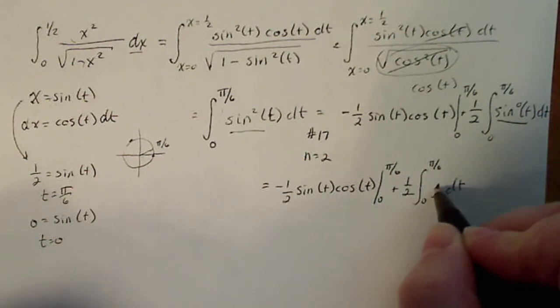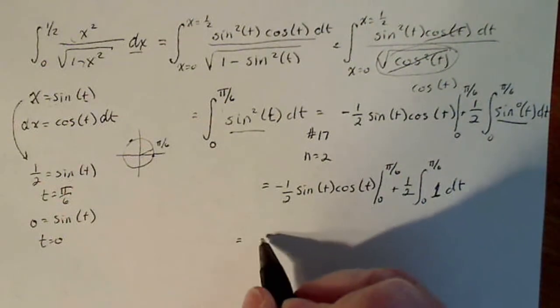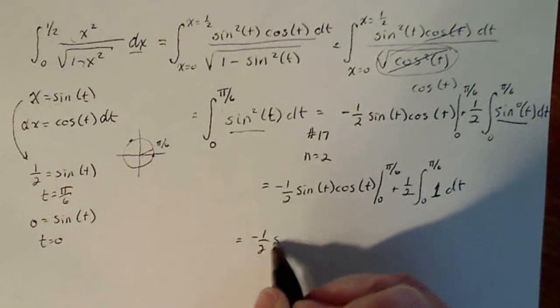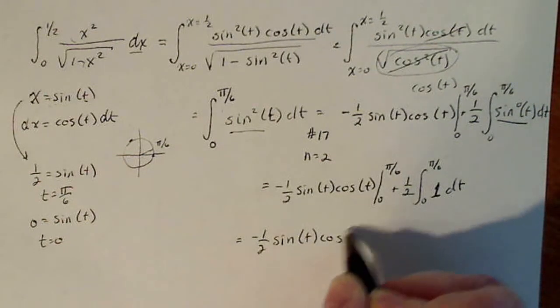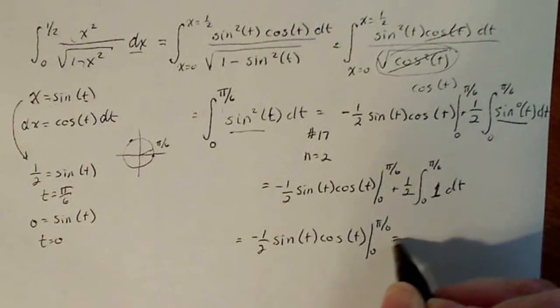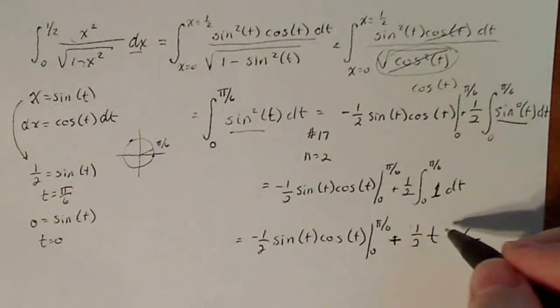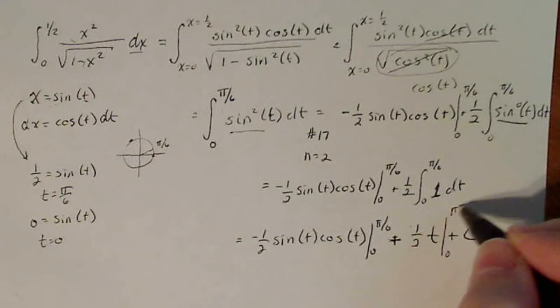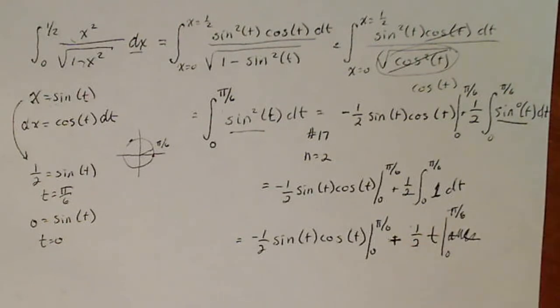I don't know why I make ones like that in this case, but I do. Keep going. Minus 1/2 sine of t cosine of t from 0 to pi over 6 plus, excuse me, 1/2 t. No, not plus c. See, it's hard to remember because we're so used to doing the indefinite. Here's a definite one. We have to always remember that stuff.